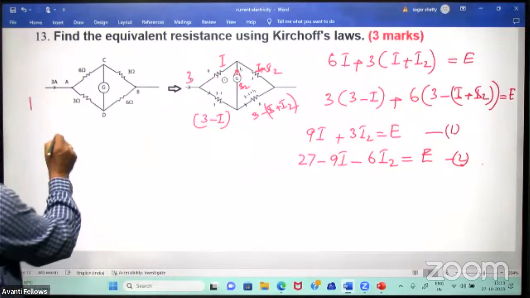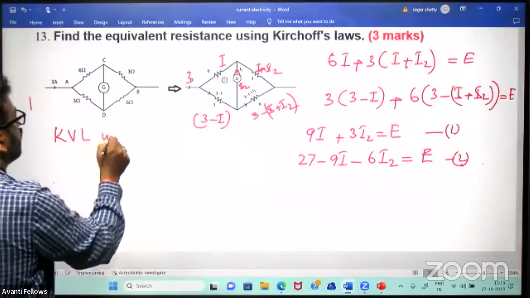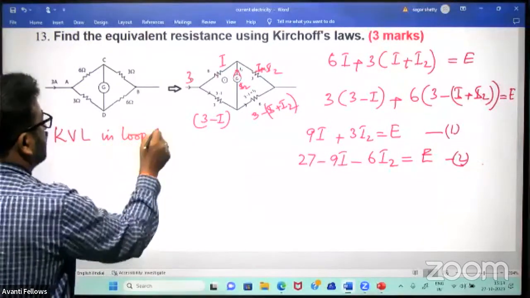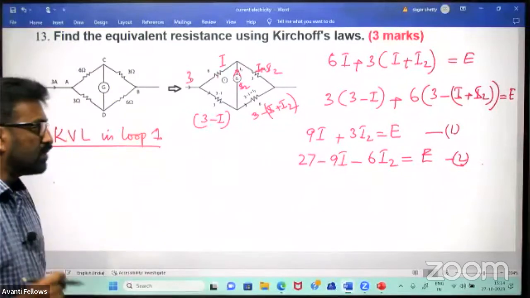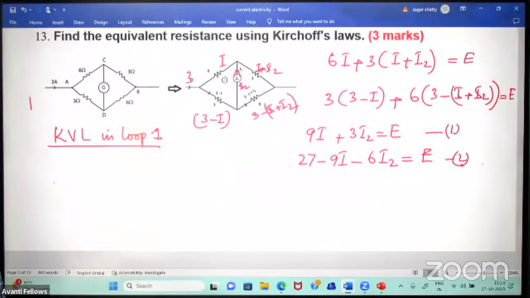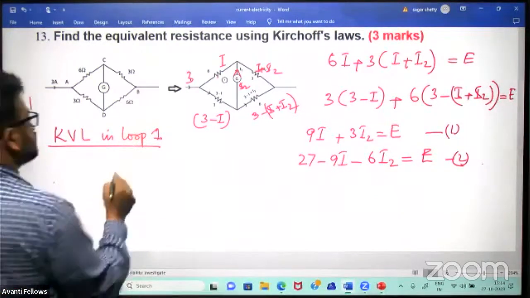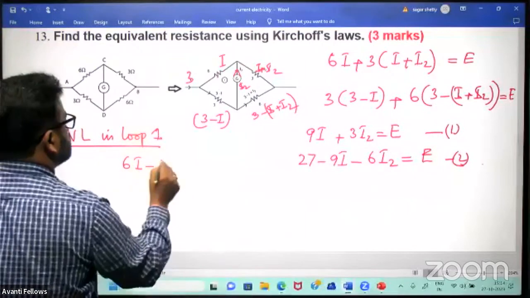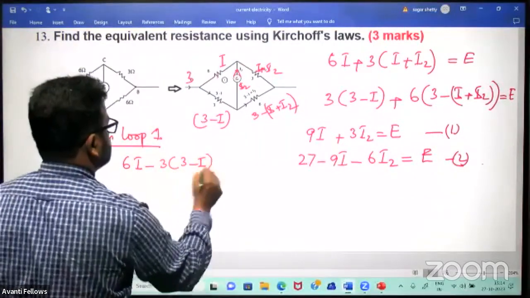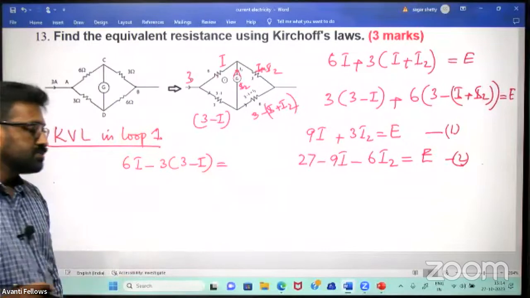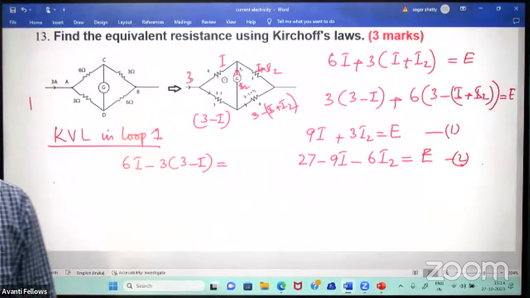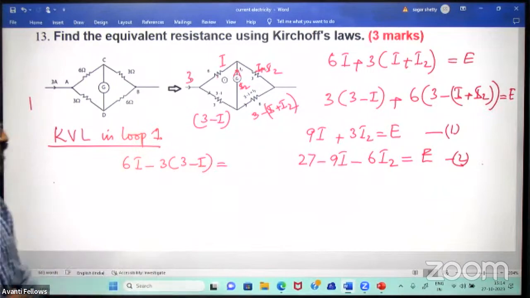Then we apply KVL, Kirchhoff's voltage law, in loop 1. We get 6I minus 3 into (3 minus I). What will be the value? This will be 0.